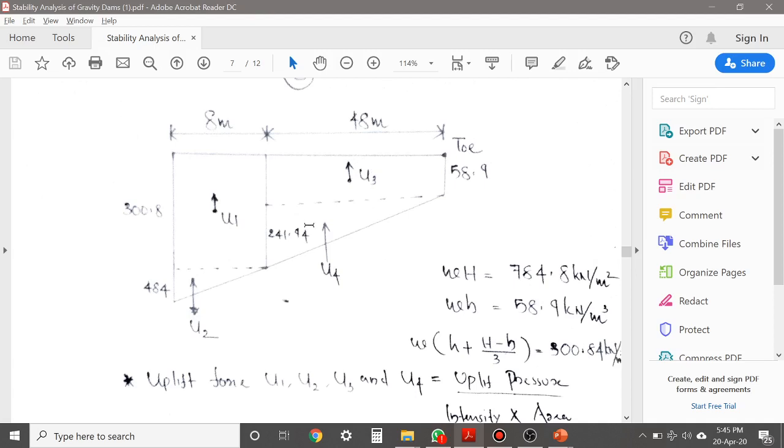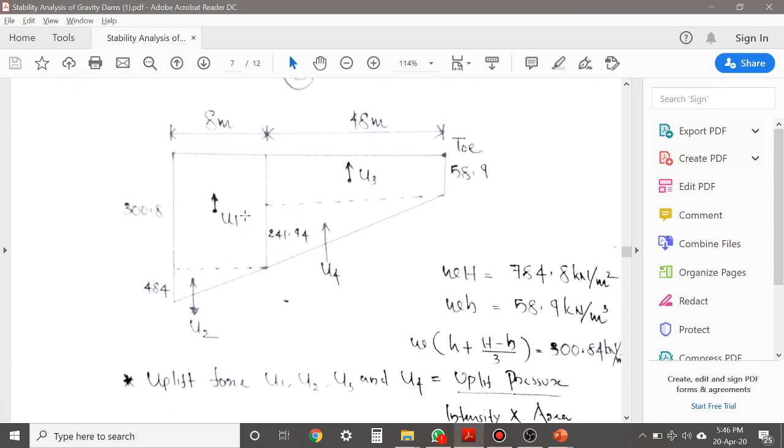Means the entire uplift pressure distribution is divided into 4 different areas, and according to each area, the uplift pressure designation is given as U1, U2, U3 and U4. Now it is a calculation of U1, U2, U3 and U4.